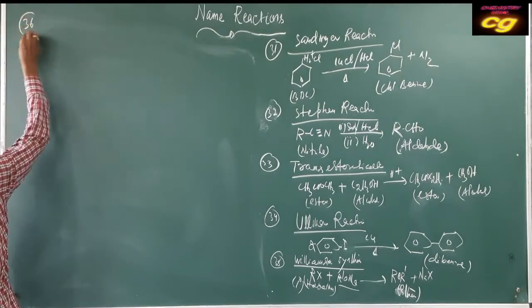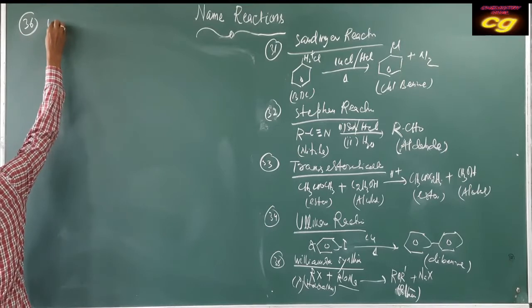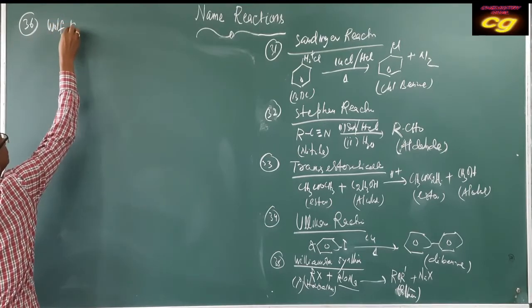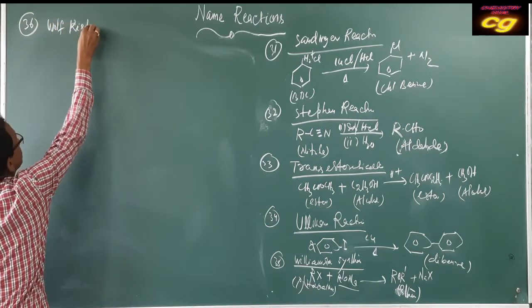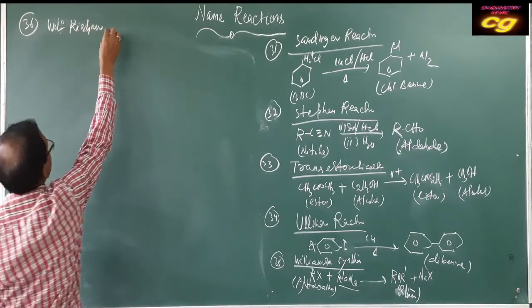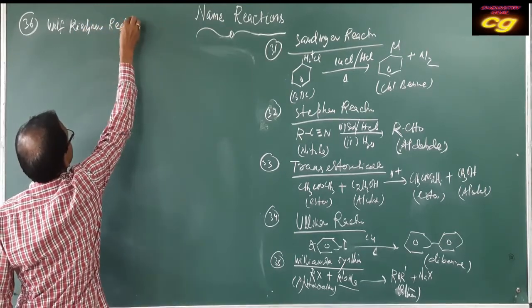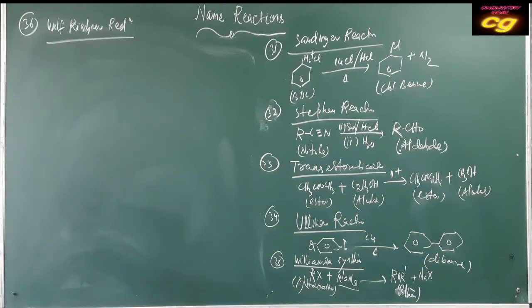The next one is Wolff-Kishner reaction. This is very important in the synthesis of alkane from aldehyde and ketone.